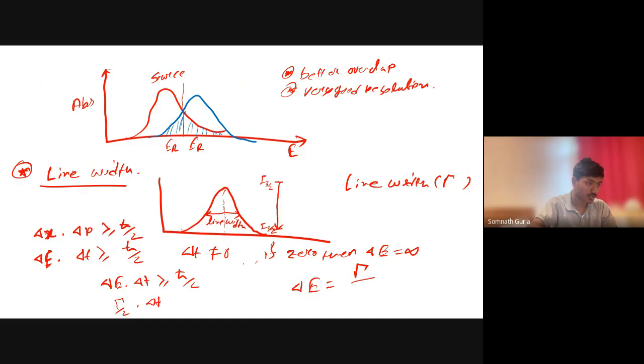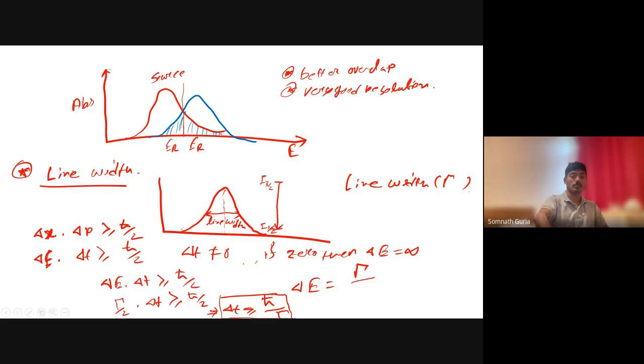So gamma by 2 times delta t equals h cross by 2, which implies delta t is greater than or equal to h cross by gamma. This is the term we are getting: h cross by gamma.